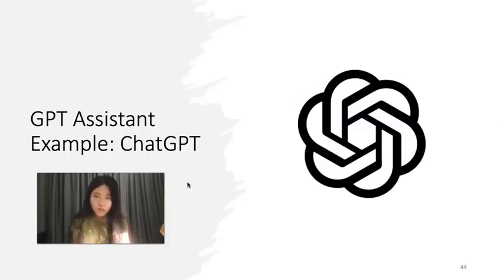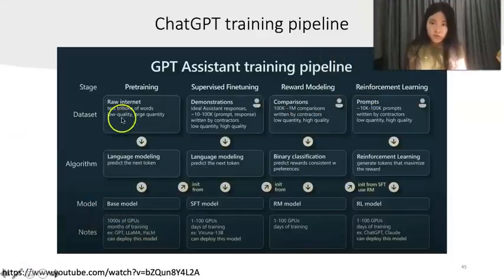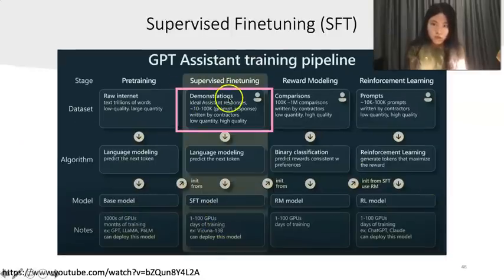And for ChatGPT Assistant, this is the whole pipeline. For pre-training, we have talked about it, so let's talk about supervised fine-tuning. Supervised fine-tuning starts with collecting demonstrations from people or contractors.